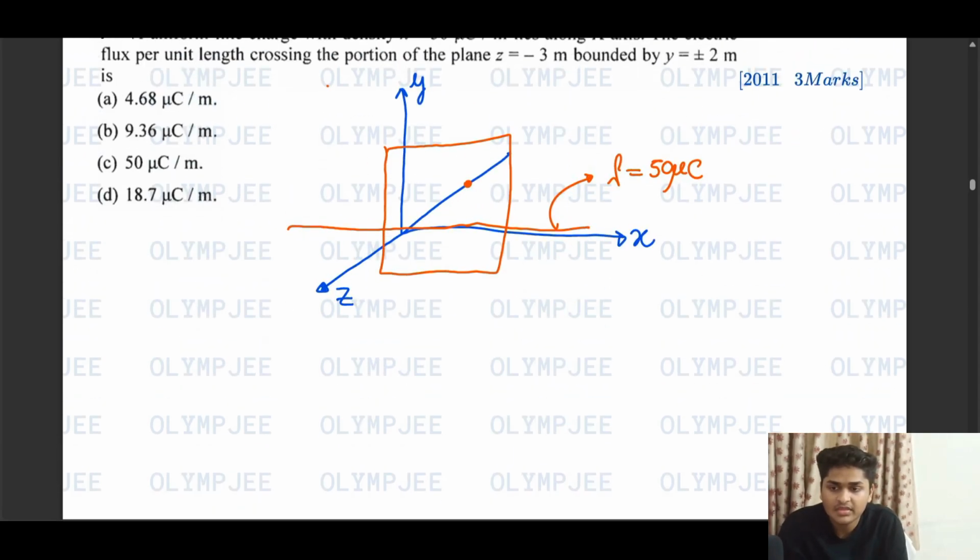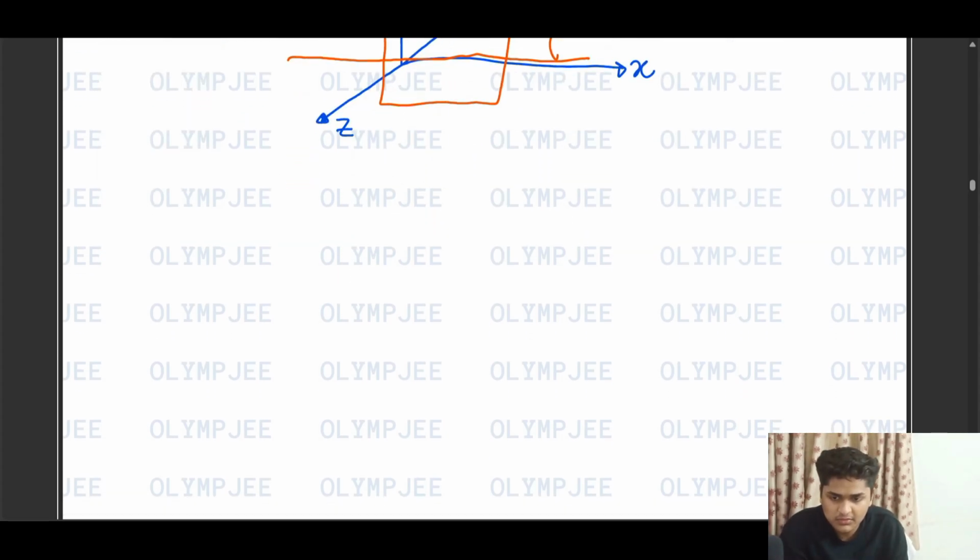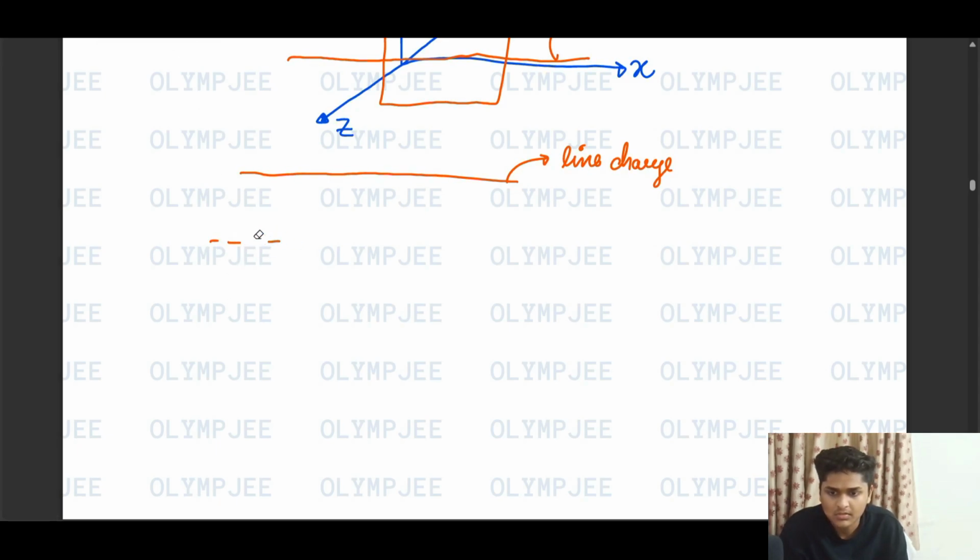So let me draw this figure in another view. Let us assume that this is the line charge.